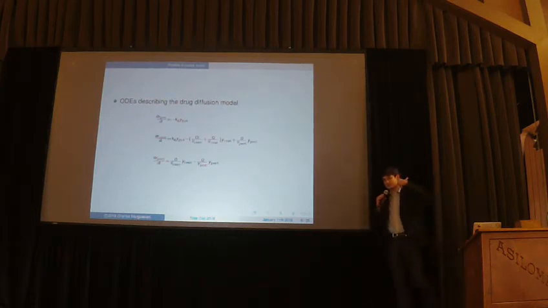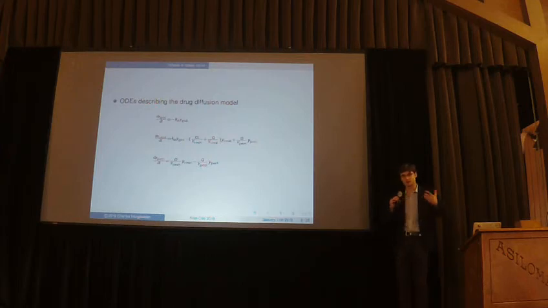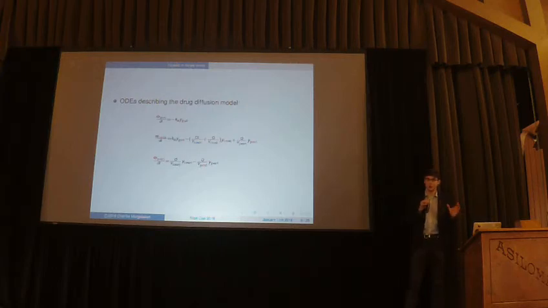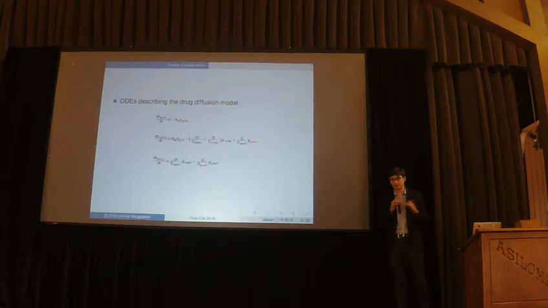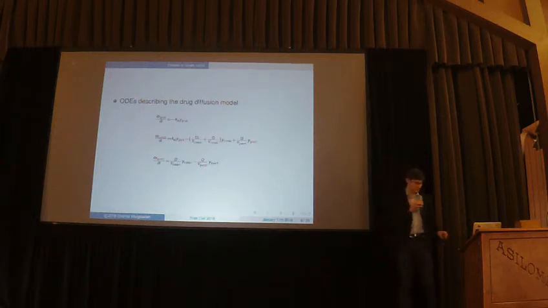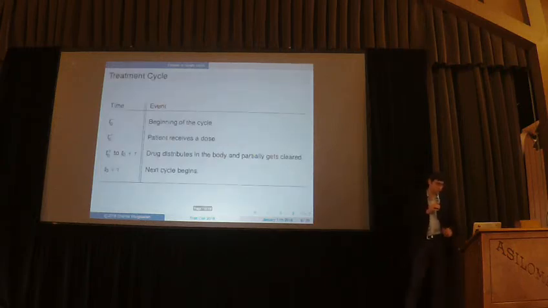But this diffusion model doesn't tell the whole story. It tells us what happens once the drug is inside the body. It doesn't tell us anything about the treatment. So we need to think very carefully about what treatment the patient is receiving. In this example, we're going to consider a very simple treatment, which is the case where a patient takes a pill at a regular time interval, and so the treatment is going to look something like that.